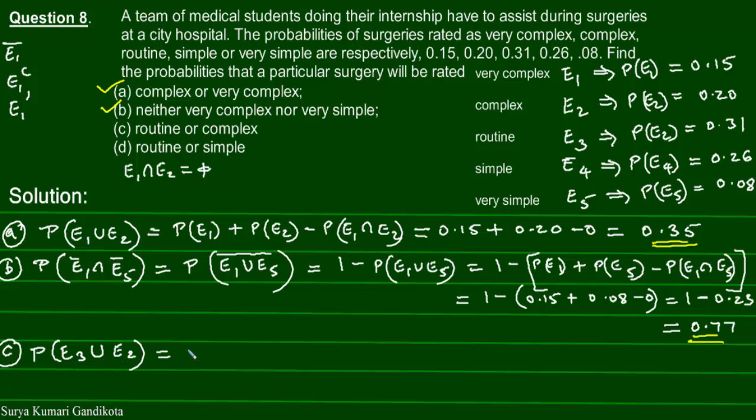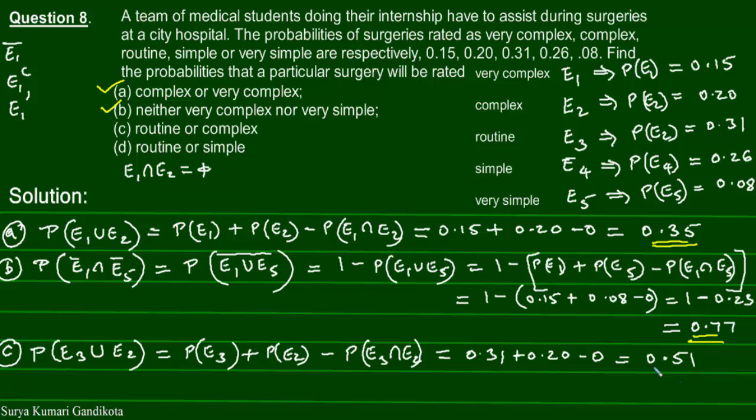This is equal to P of E3 plus P of E2 minus P of E3 intersection E2. This is again empty, so this will be equal to 0. P of E3 is 0.31, then P of E2 is 0.20 and of course minus 0. This is equal to 0.51. So this is the answer we have for part C.